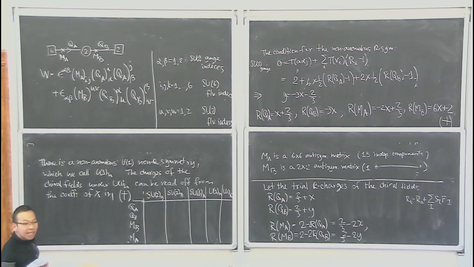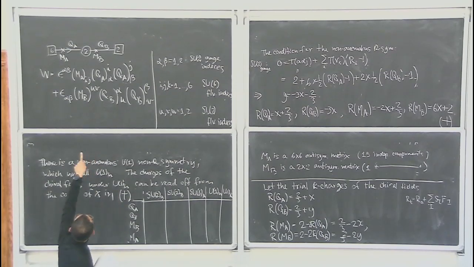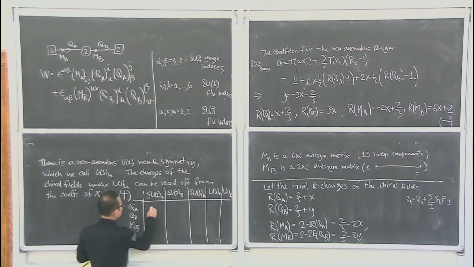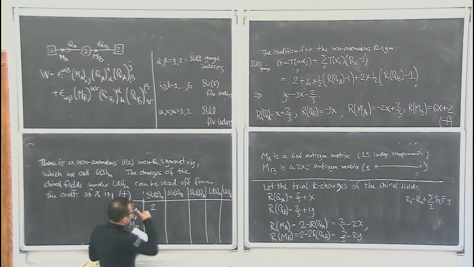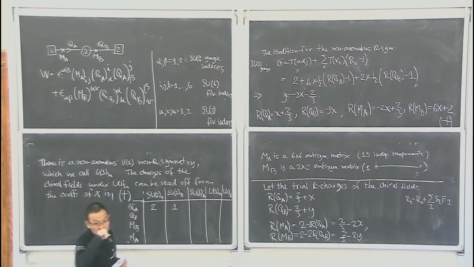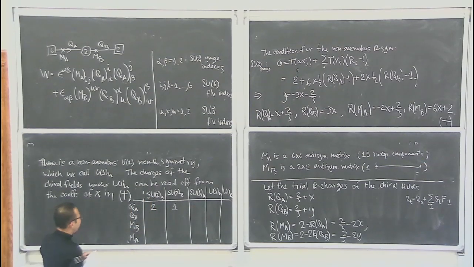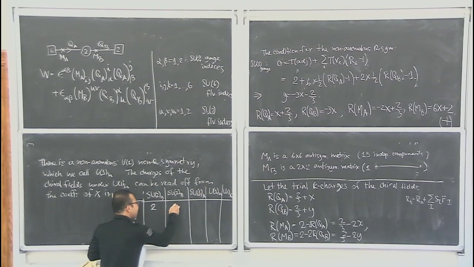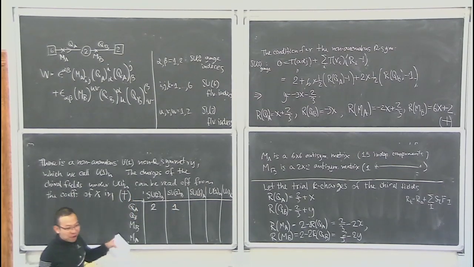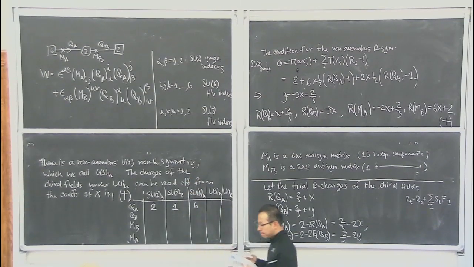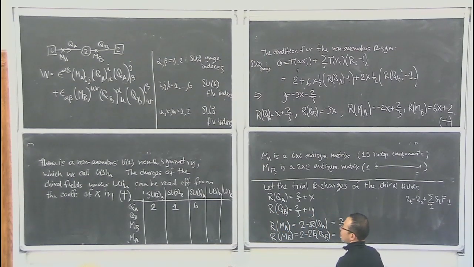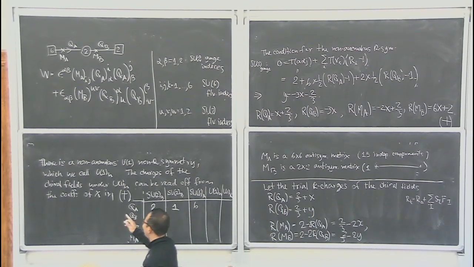So let's fill in each element. QA, look at the diagram, is a 2, a doublet of SU2. Under SU2B, it's a singlet. And SU6 is going out, so it's a fundamental, so it's 6. And under U1H, the charge can be read off from the coefficient.